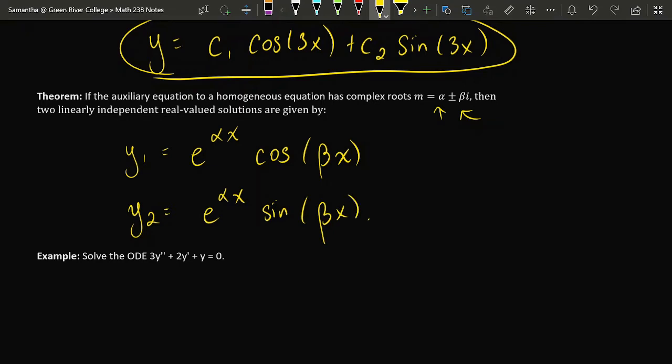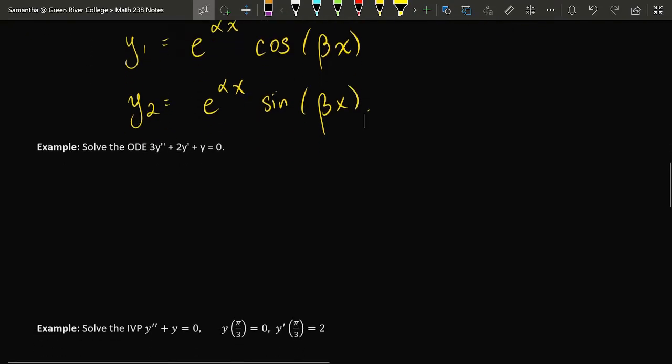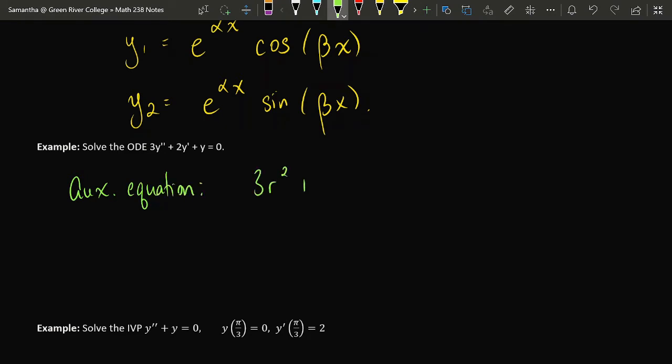For example, let's try and solve the ODE where we have 3y double prime plus 2y prime plus y equals 0. So here's my auxiliary equation: 3r squared plus 2r plus 1 equals 0.